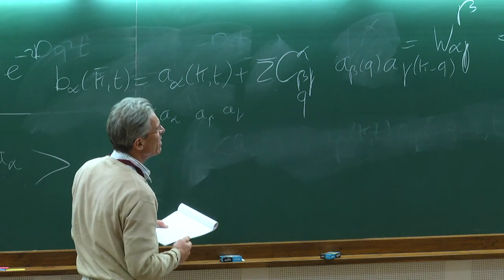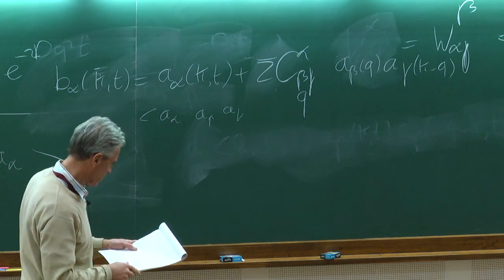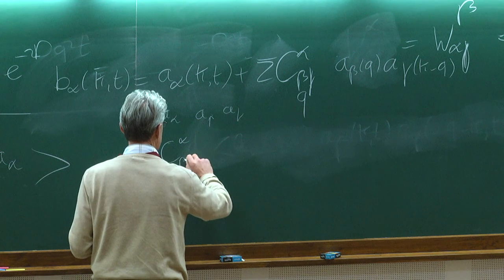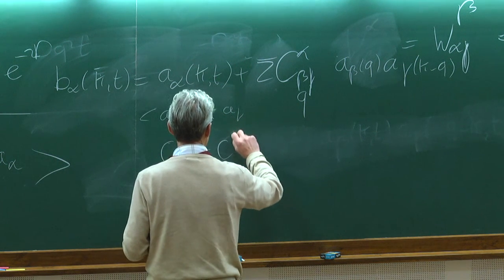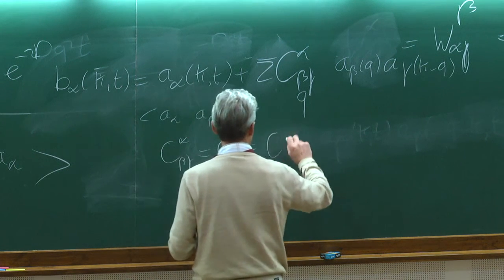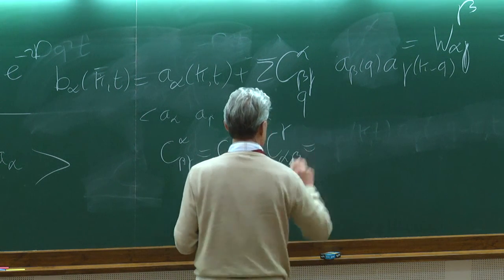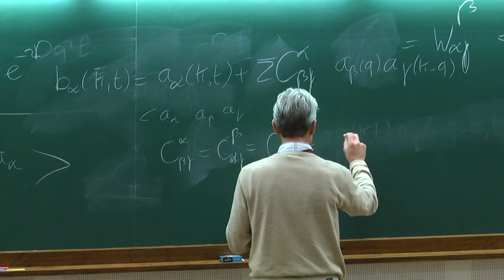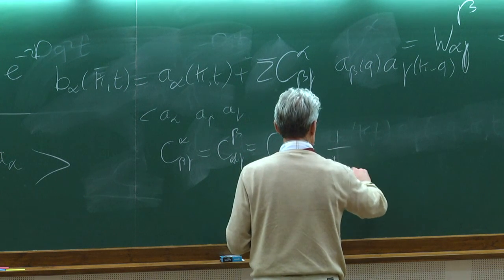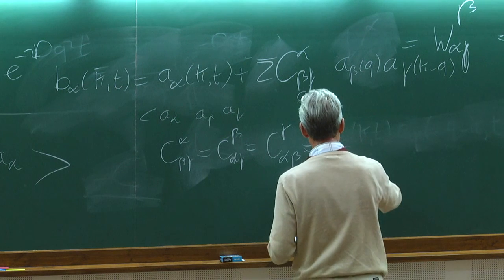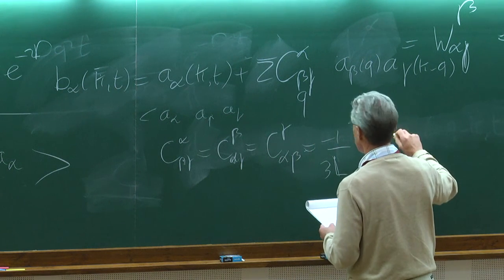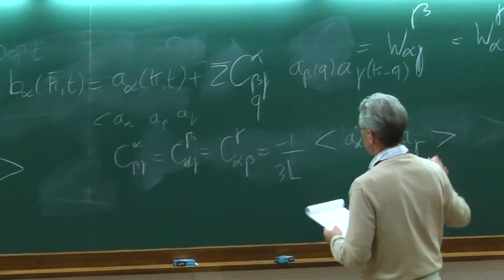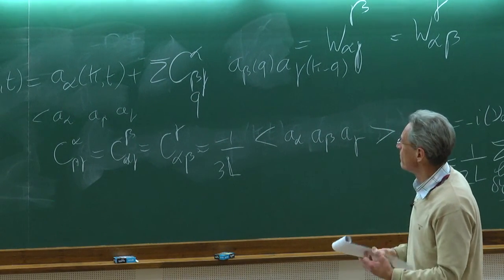If you use the approximate factorization of products of 4, you find you can satisfy that if you take C alpha beta gamma equals C beta alpha gamma equals C gamma alpha beta equals minus 1 over 3L, because you get 3 times A alpha, A beta, A gamma.